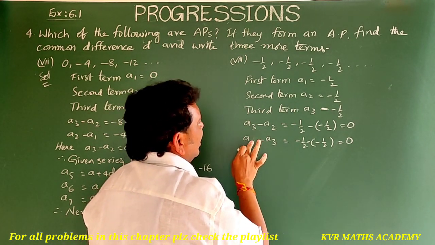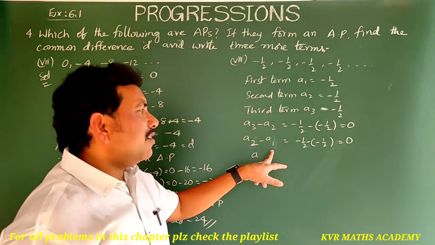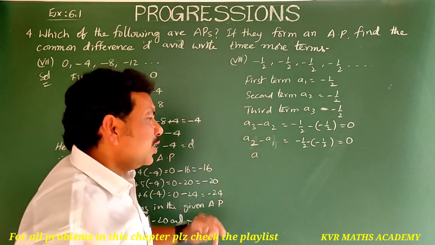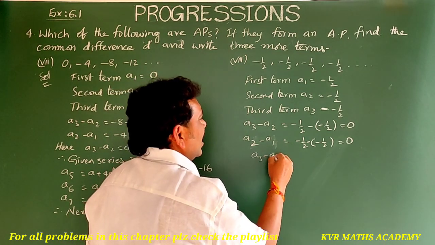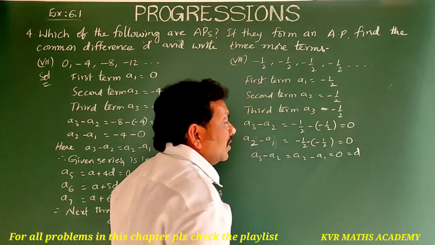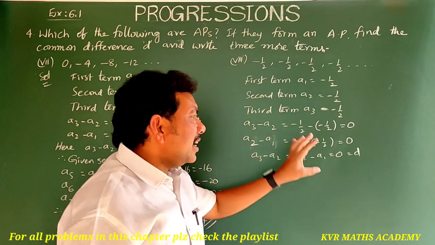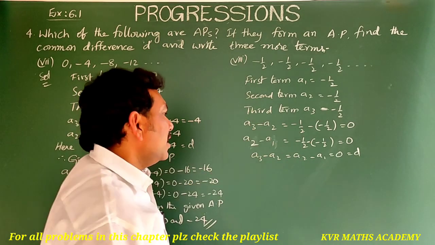Actually this is a2 minus a1, because all the terms are equal, that's why I have taken it like that. So a3 minus a2 is equal to a2 minus a1, which is equal to 0, that is D. So the common difference is the same for all terms. That's why the given series is in AP.